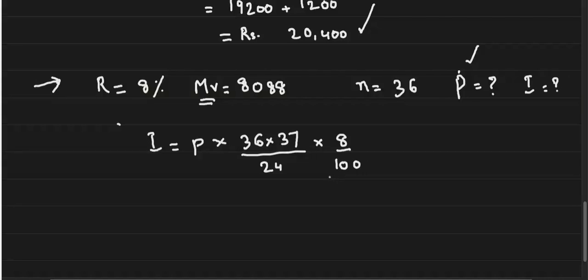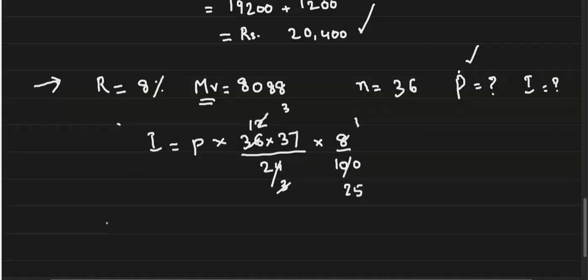If you solve, you will get 8 threes, 8 ones, 8 threes, 3 ones, 3 12s, and further if you divide this 12 and 100, it will be 3 by 25. And this is 25. So this is remaining 37 into 3 divided by 25.